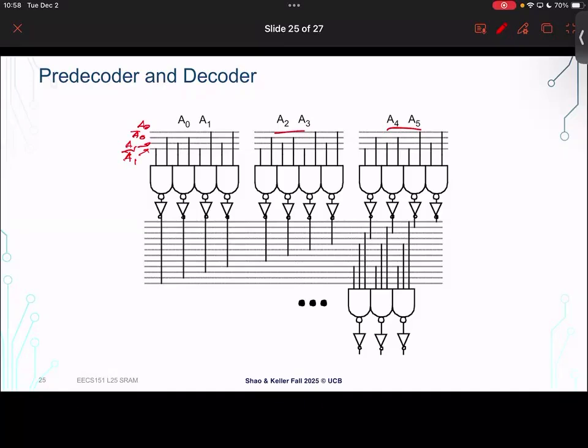So that's the basic concept of pre-decoding. We're not going to go into more details than this. You can imagine that you could even do multiple stages of pre-decoding if you wanted to, in order to further optimize this. There are trade-offs in terms of wire length versus gate cell count and so forth, which are interesting to think about and analyze in SRAM design. But that's the basic idea of a pre-decoder.